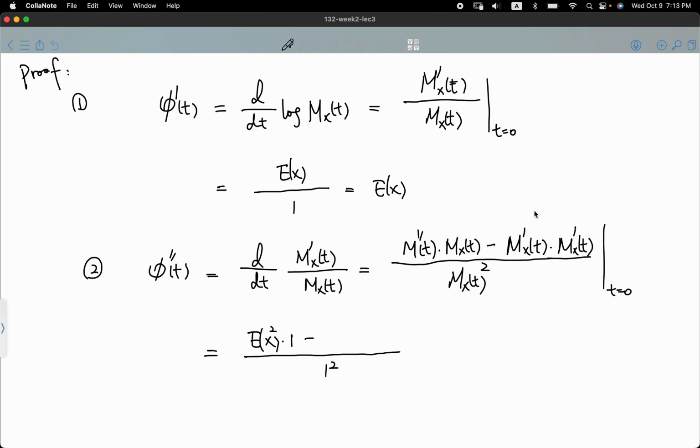And then you subtract the first order derivative, which is just the first moment, and you have two of them, so that's the square. And then you have the variance of x. So you immediately get the variance from the log of the moment function. Okay, so those are the two other results that I want to demonstrate here.